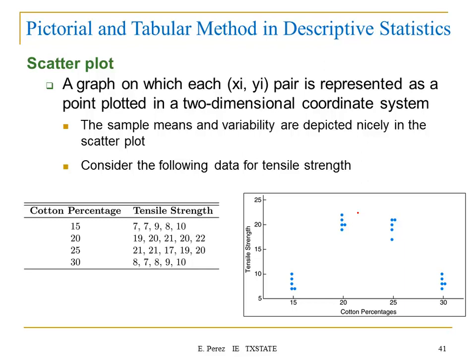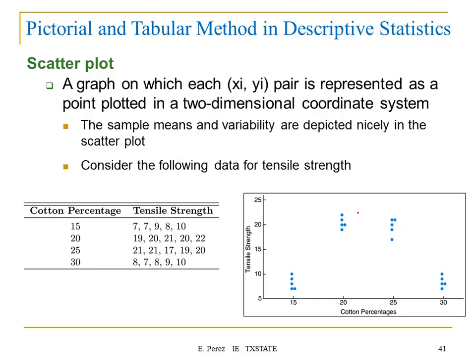Another type of graph is called the scatter plot. Essentially it's the same idea, but in this case you have an extra axis. You're looking also at the values of the y-axis. So it is a graph on which each pair of observations, x and y, is represented as a point plotted in a two-dimensional coordinate system.